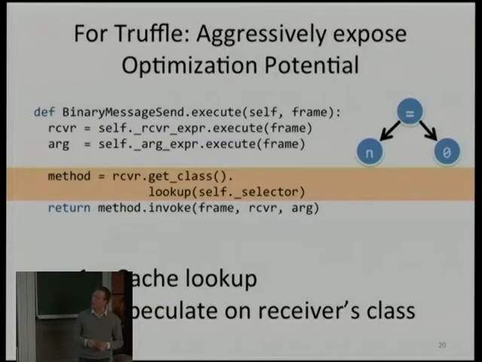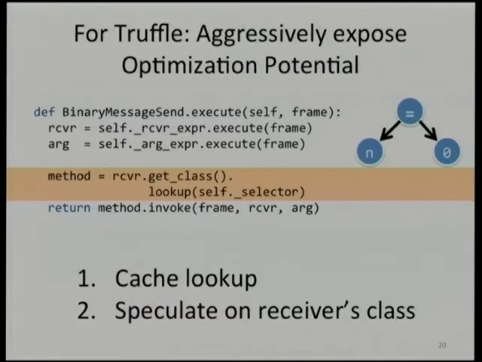And that's where Truffle comes in. So the Oracle people here actually came up with an idea to optimize those kinds of AST-based interpreters by, at runtime, specializing those ASTs based on what actual values were observed.